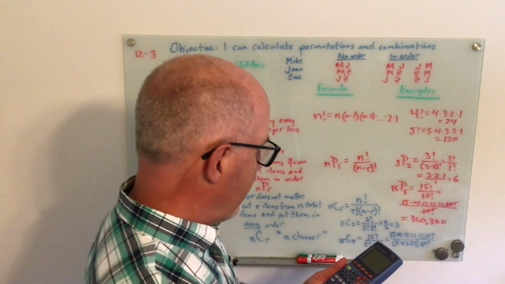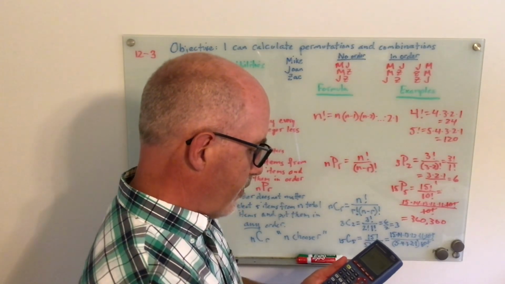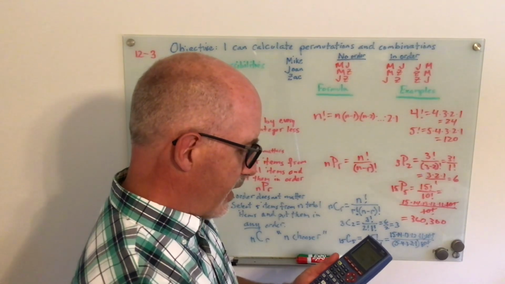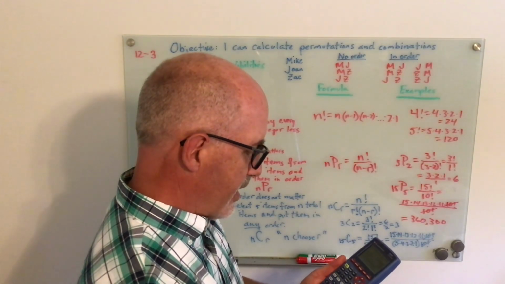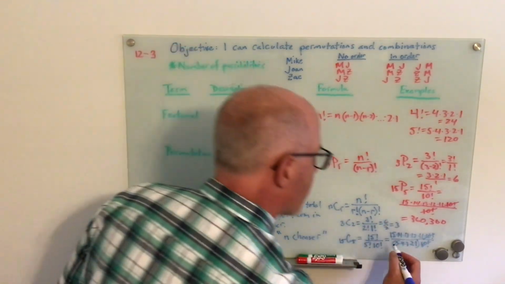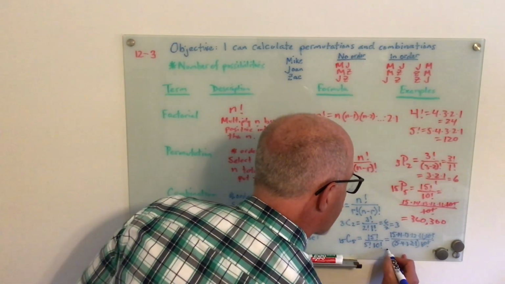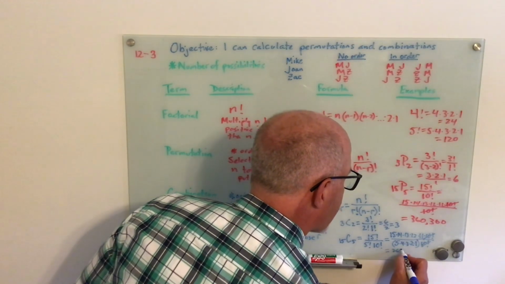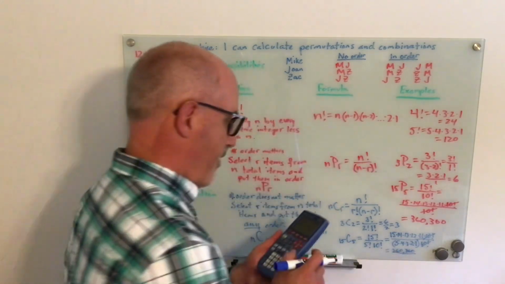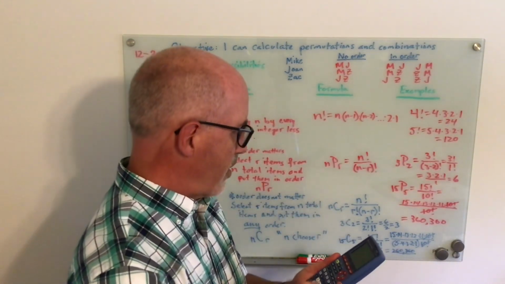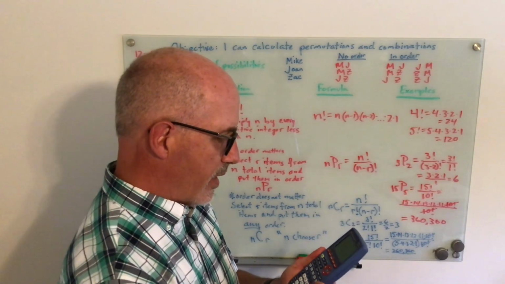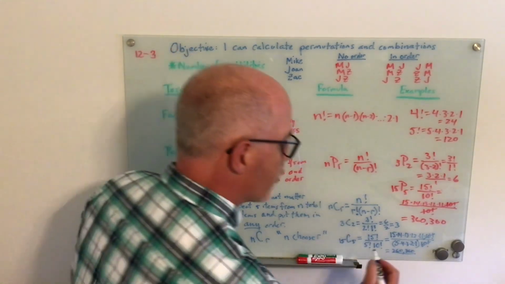I'm going to do 15 times 14 times 13 times 12 times 11. Okay, that gets me 360,360. You can divide that by 5 times 4 times 3 times 2 times 1, and that gives me 120.